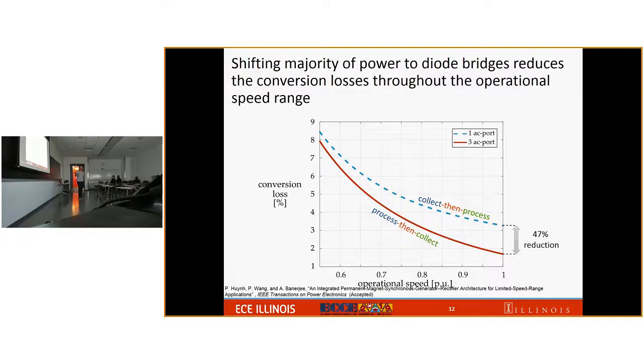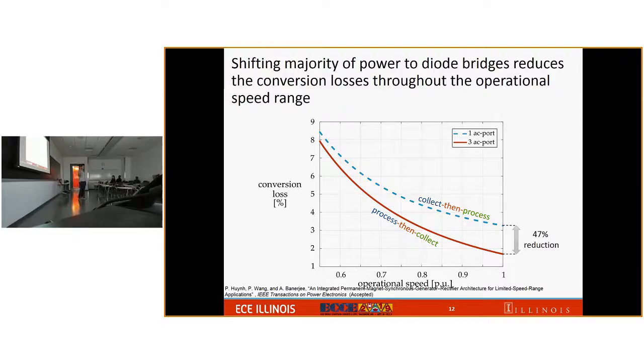For example, the dotted line is the conversion efficiency for a 3 megawatt system using the conventional collect then process approach, and the solid red line is the conversion efficiency using the process then collect approach. At the rated condition, we see a 47% reduction in the conversion loss.